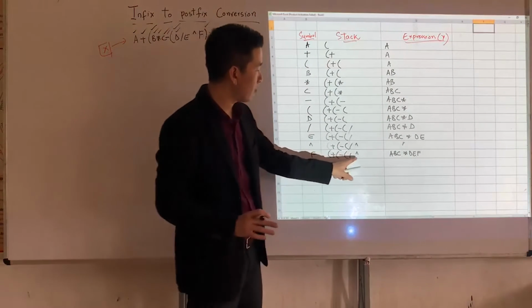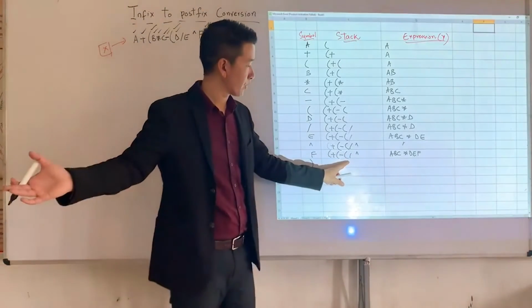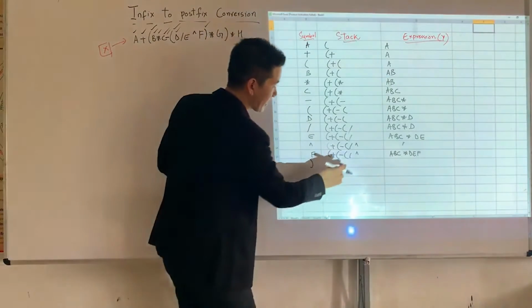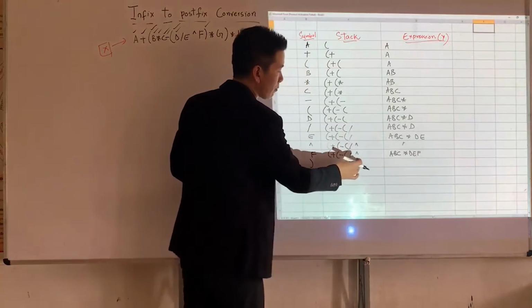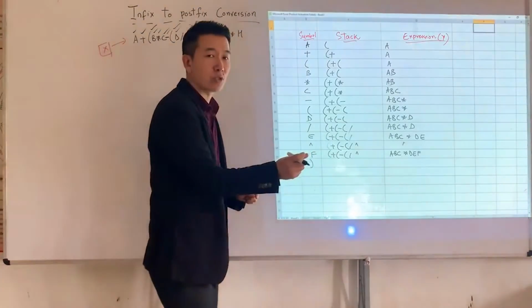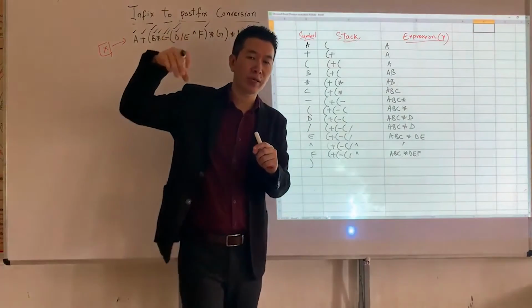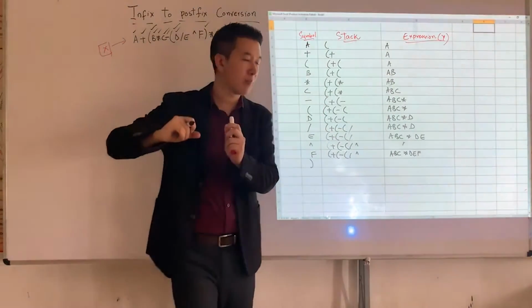Rather, you need to start popping the elements until the opening brace, right? So I need to pop this and then add it, and then pop. Don't ever pop two elements at a time. It doesn't work out like this. In a stack, the topmost element will have to be popped, added, and then the next topmost element, right?